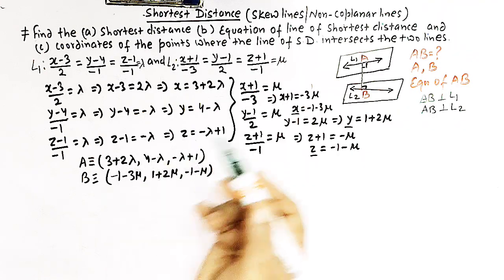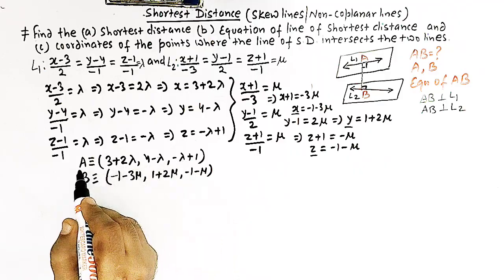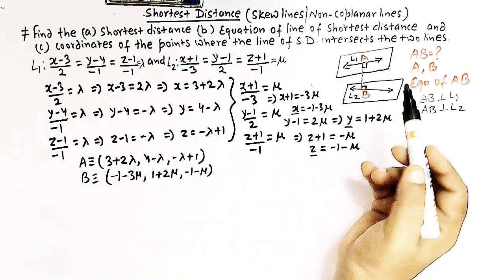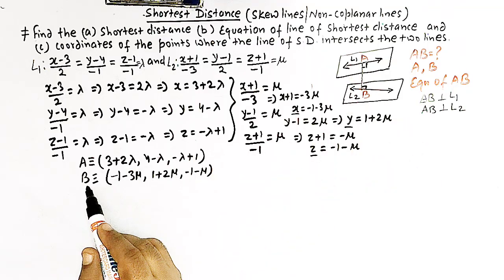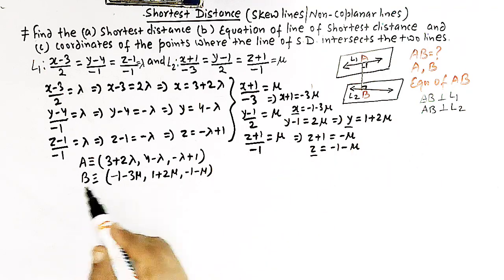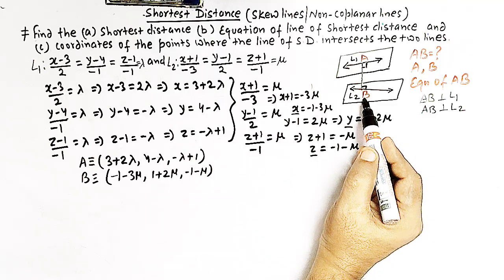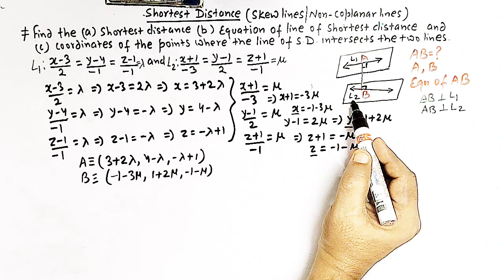So for some particular value of lambda, this coordinate represents the point A lying on L1, and for some particular value of mu, this coordinate represents this point B lying on L2, right?